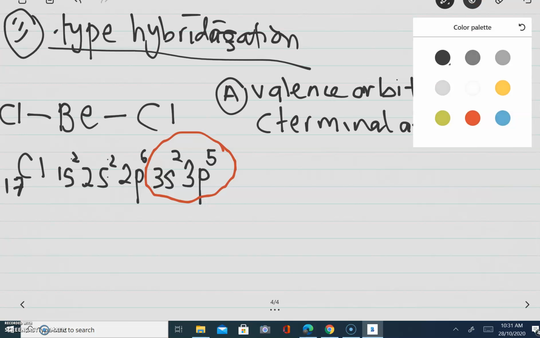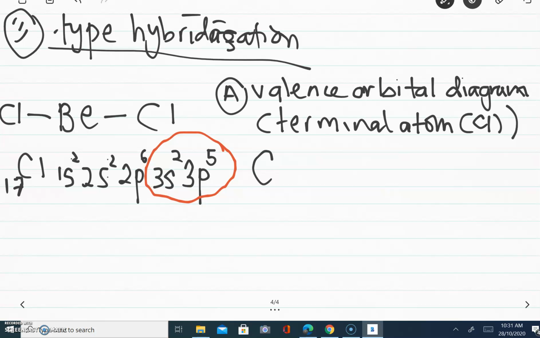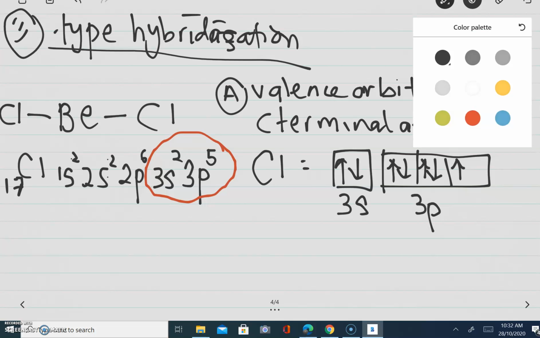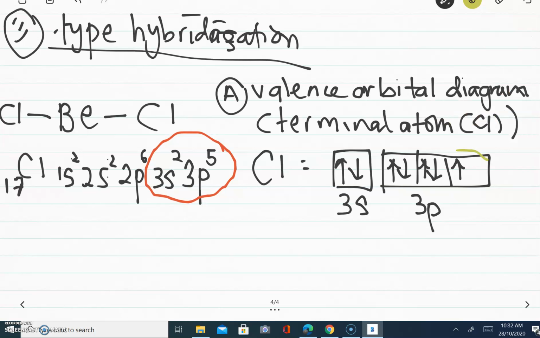By using the valence orbital diagram of the terminal atom chlorine, we show the 3s orbital and 3p orbital, and we can determine chlorine has 7 valence electrons. From the 7 valence electrons, we can trace the presence of one pair of electrons allocated at a 3p orbital.